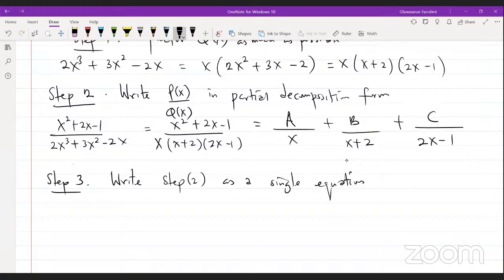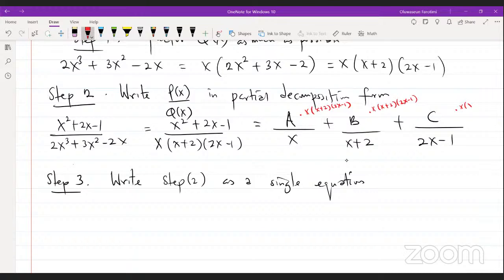How do you write this as a single equation? Think about it, guys. To write this as a single equation, in this case, I multiply by the whole of Q of x: x, (x plus 2), (2x minus 1). I need to multiply each of them by Q of x.